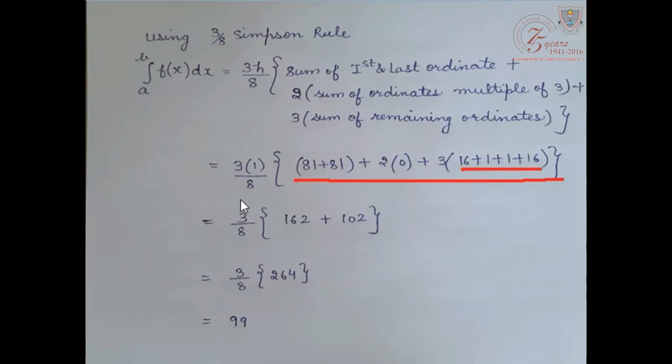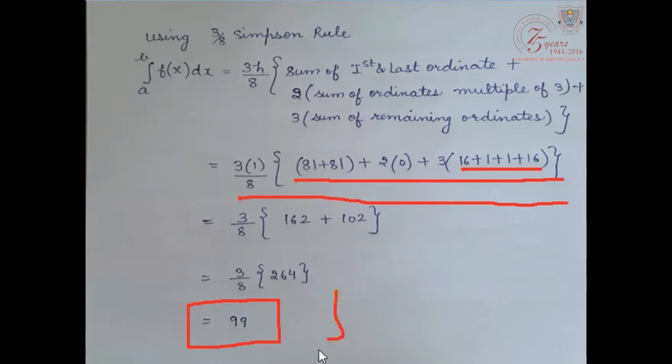By solving this expression, we find the answer 99, which is the numerical value of the integral from -3 to 3 of x raised to power 4 dx using Simpson 3 by 8 rule.